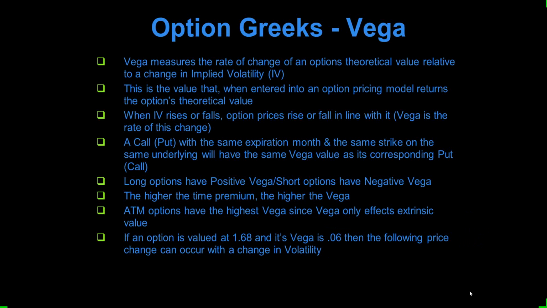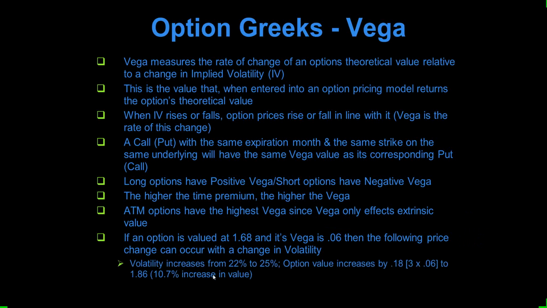So if I go through this example, let's say volatility increases from 22 to 25%. Very common occurrence in an underlying security. Not a very big move, right? 22 to 25%. It can do that in one day.